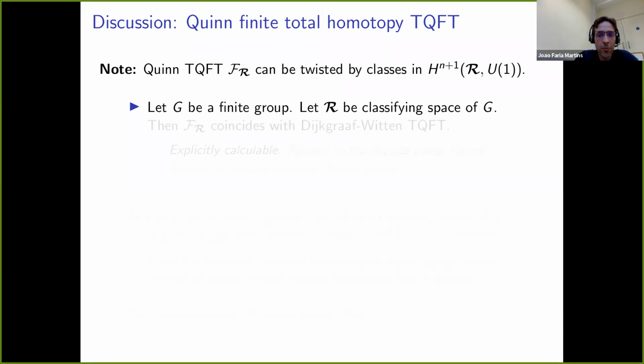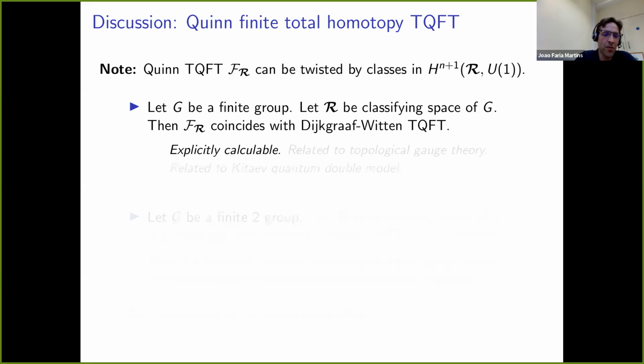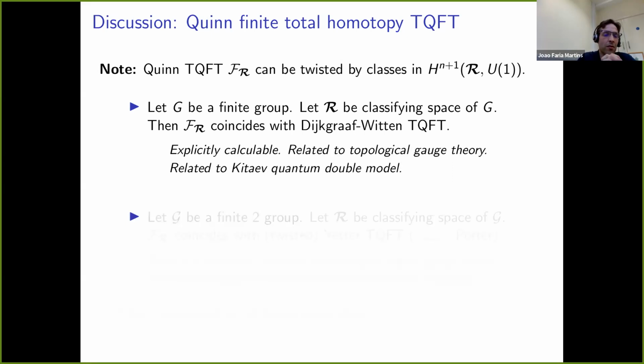Right, so some examples. First of all, you can also twist the Quinn TQFT by cohomology classes. And if you grab a finite group G, and if R is the classifying space of G, you simply get the usual Dijkgraaf-Witten theory.